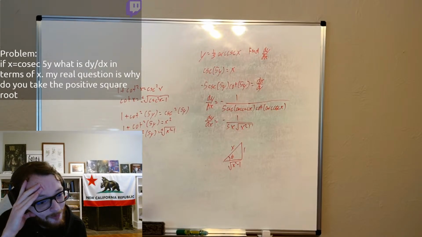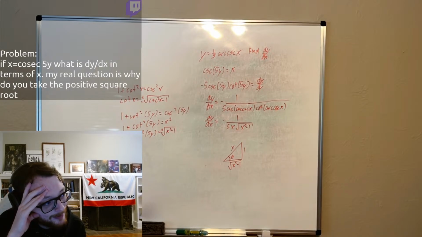I think I've worked out how to do the graphical method by hand, but this Pythagorean identity thing, I have no clue.